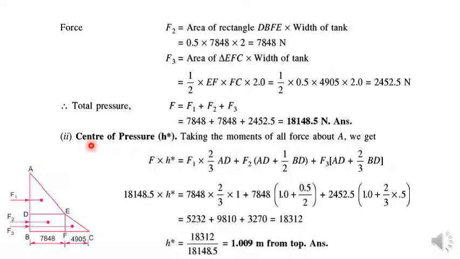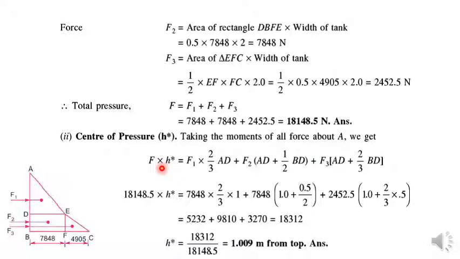The second half of this problem is related to the determination of the center of pressure. So how can you determine the center of pressure? As we have already studied, your center of pressure can be calculated by the principle that the moment produced by the resultant force is equal to the moment produced by the individual forces, or you can say the components of these forces.